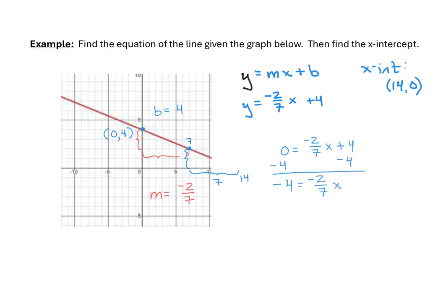We would generally divide by the coefficient, but because it is a fraction, I'm going to go ahead and multiply by the reciprocal. And if we multiply this straight across, we get 28, positive 28 over 2, and that is equal to 14.